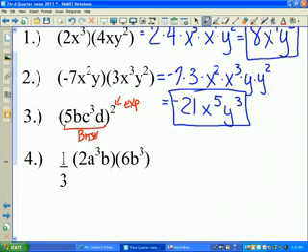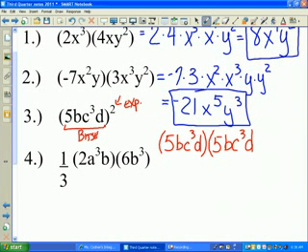Now, everything that base is, I can write out one of two ways. I could write 5bc cubed d and multiply it by itself. And remember that exponent is telling me how many times I'm going to multiply my base. So I could do that and then go ahead and solve.